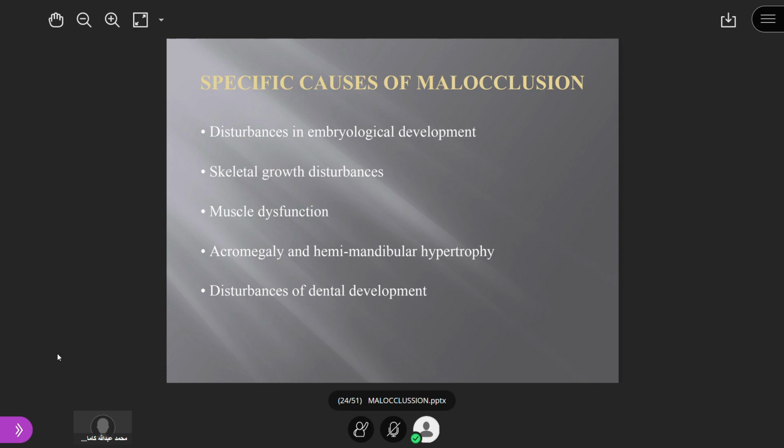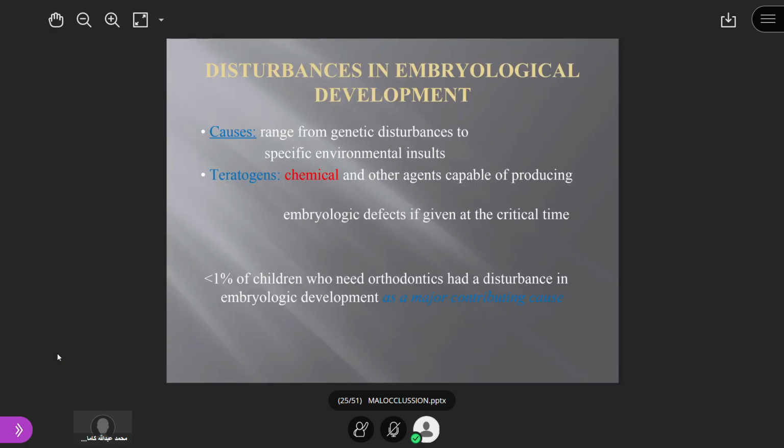Coming to specific causes, there might be disturbances in embryological development, such as these range from genetic disturbances to specific environmental insults. I'm sure you have heard about teratogens. What are teratogens?